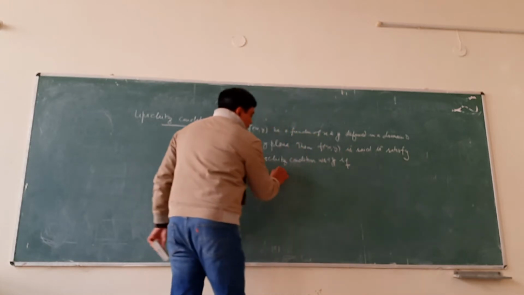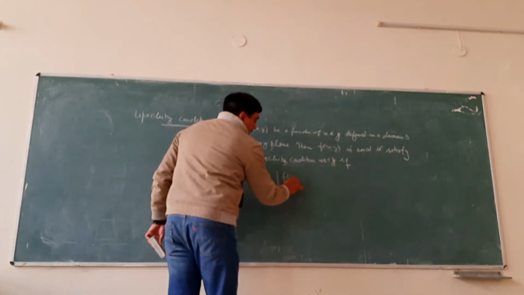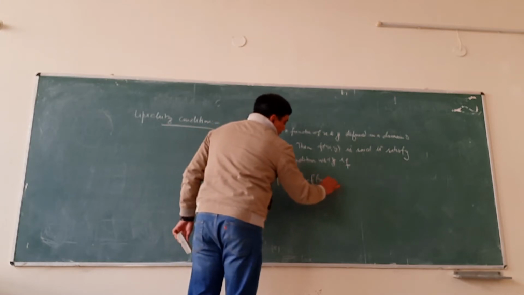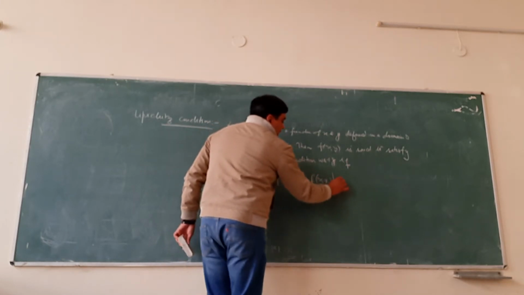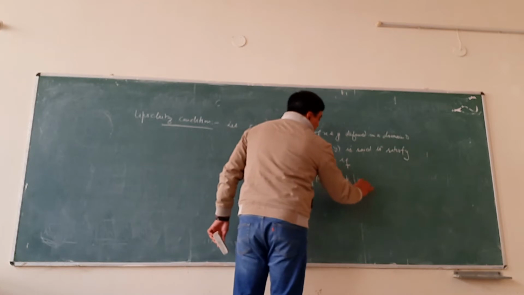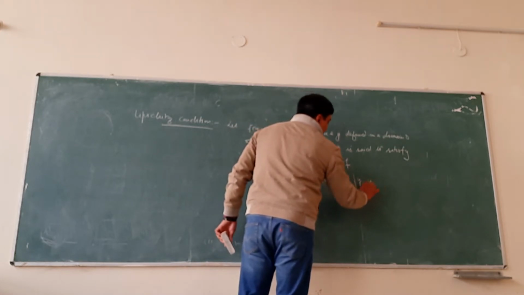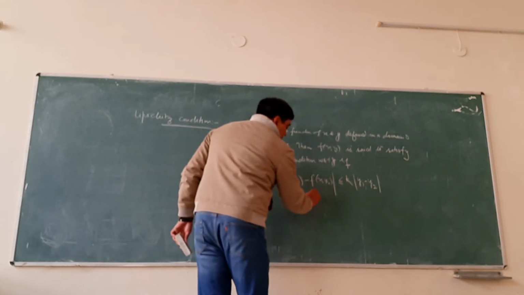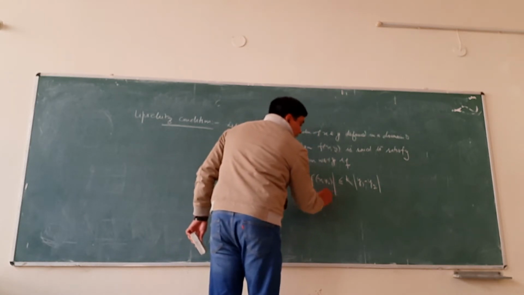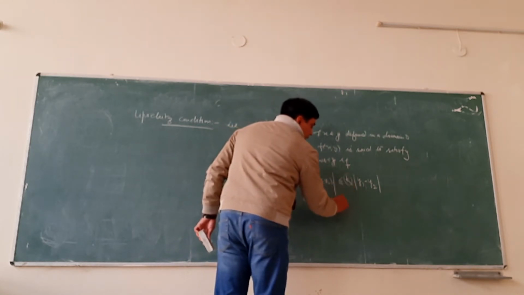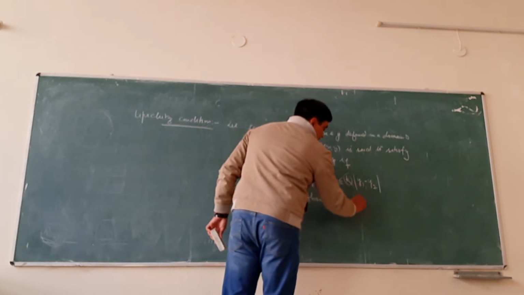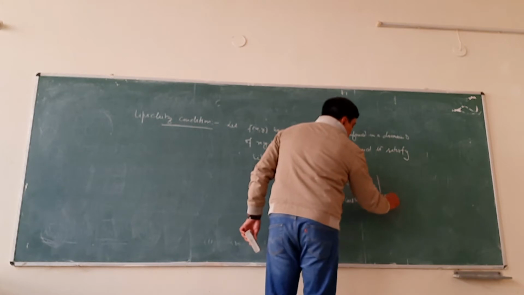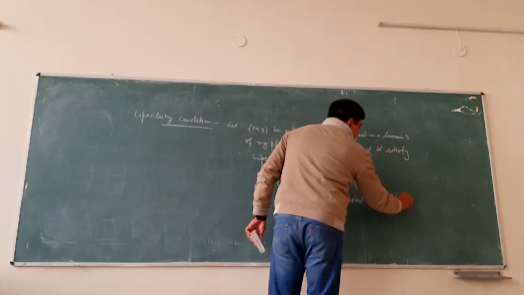if mod of f(x,y1) minus f(x,y2) is less than or equal to k mod of y1 minus y2, where this k is a constant and is called Lipschitz constant.